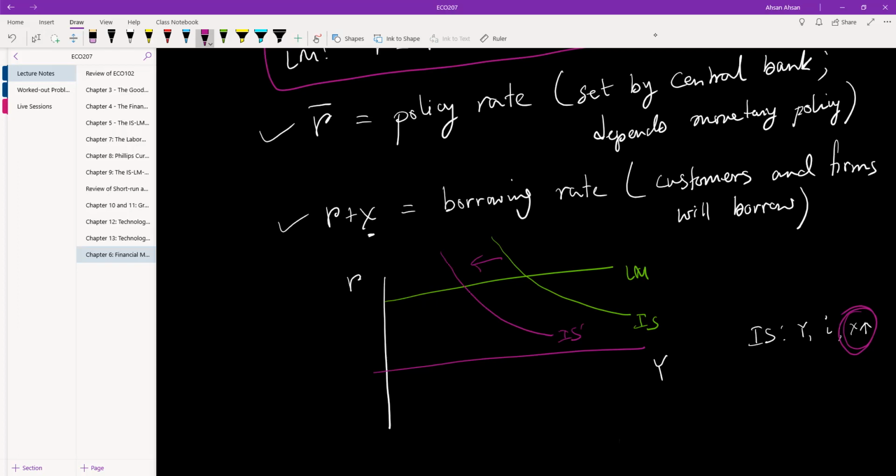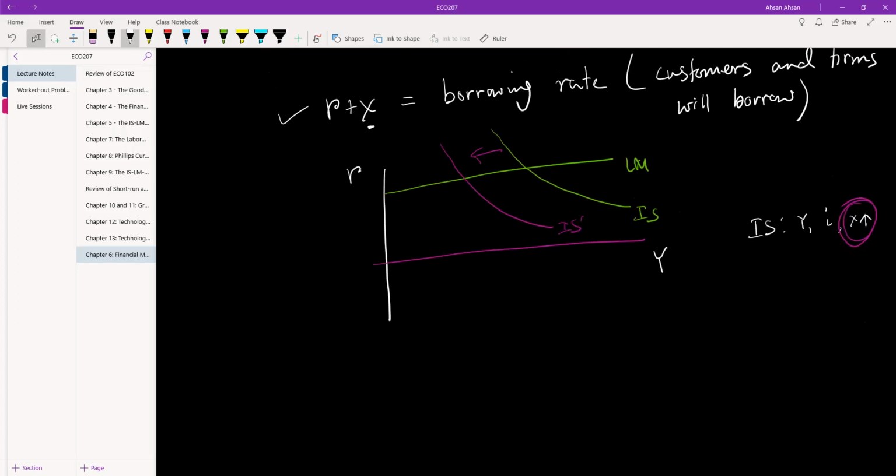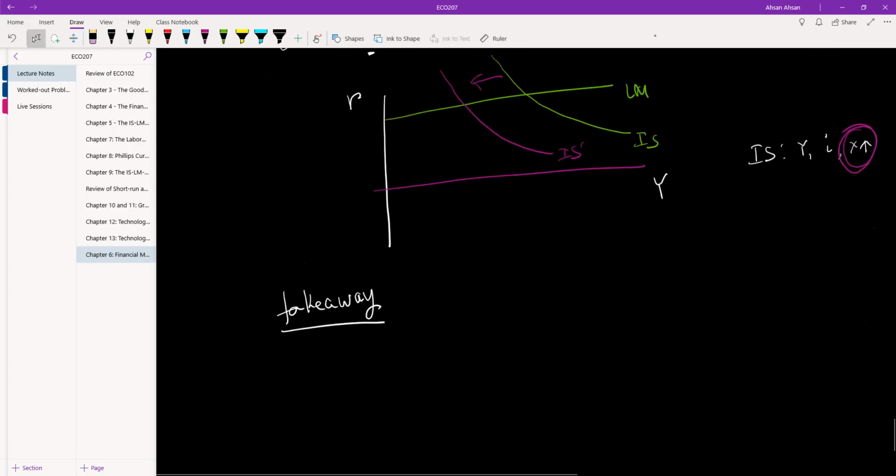Okay, so that's it. So what's the takeaway from this chapter? This is where I want to focus on. What's the takeaway from this chapter? How does this chapter push the debate forward from what we had in chapter 5? So there are a few things that we would need to know about. One is that what we learned is that these two are not the same thing.